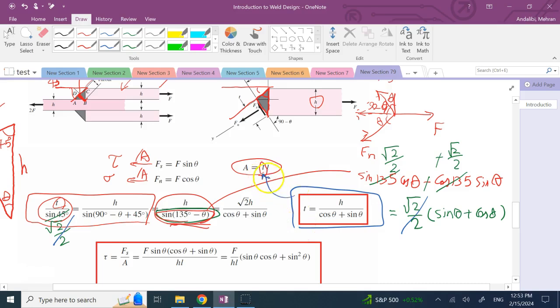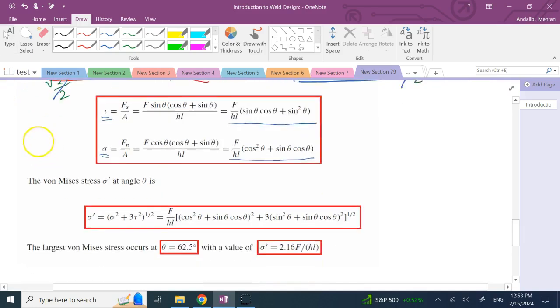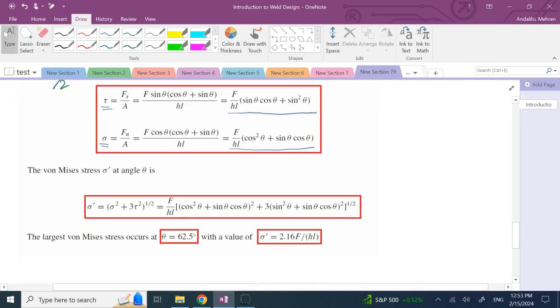Now you plug it into A and divide those forces by A. If you do so, your shear stress is going to be F over HL times this, and your normal stress is going to be this. So now you found your shear stress and normal stress on a rotated plane. Now you go to the Mohr circle, and you can look at maximum stress, or if you want to use von Mises stress, you find sigma prime for arbitrary angle theta.